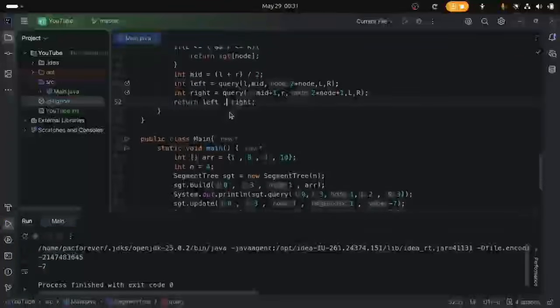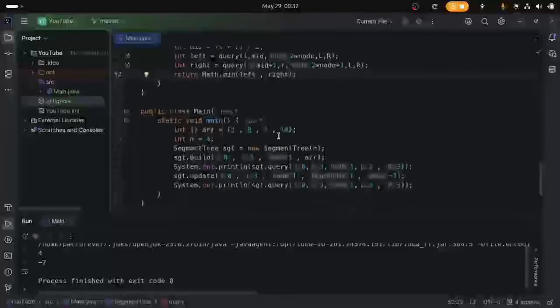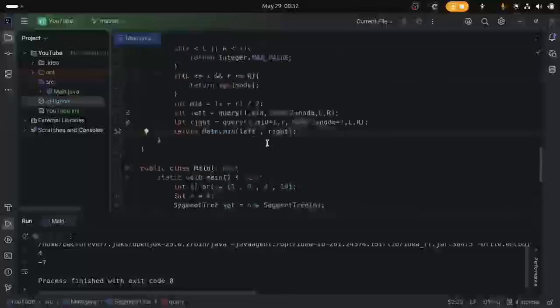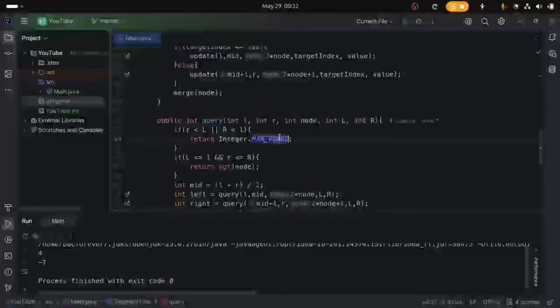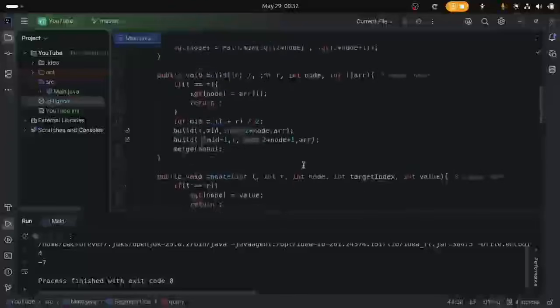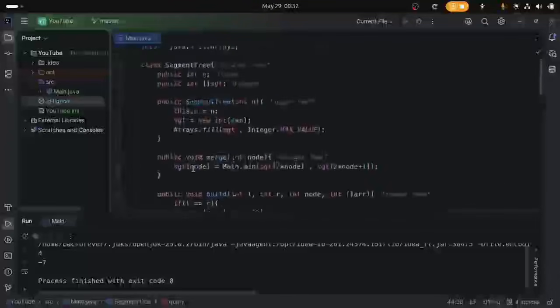The reason is this: you have to change this also. Four comma 7. Okay, for max you have to just change this to max. Here you have to change the value, then change this function and change this.